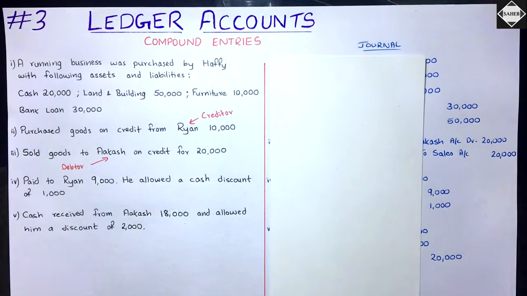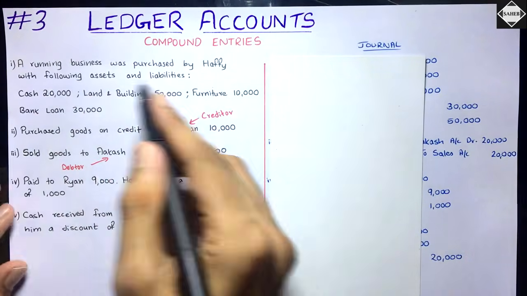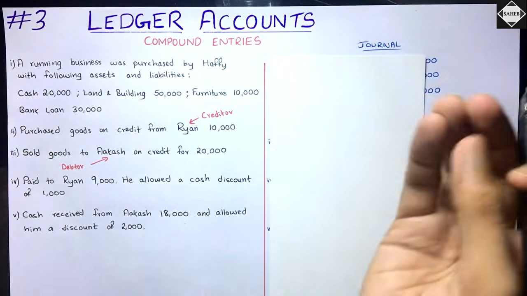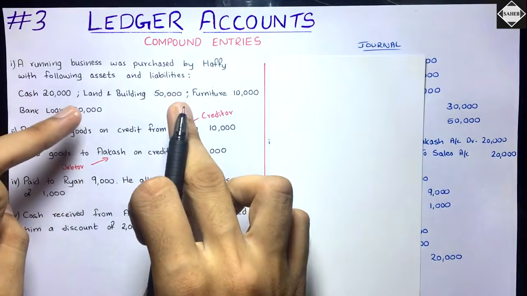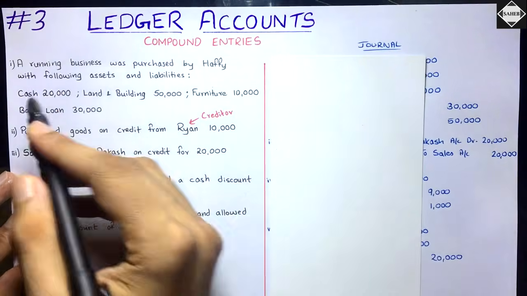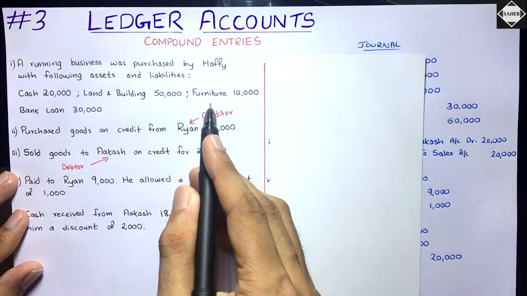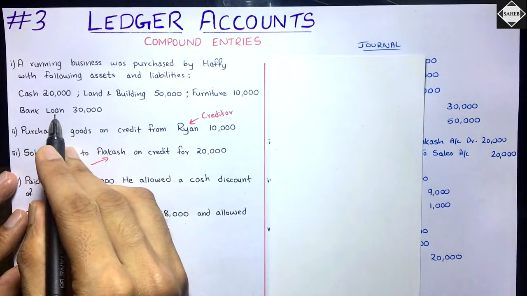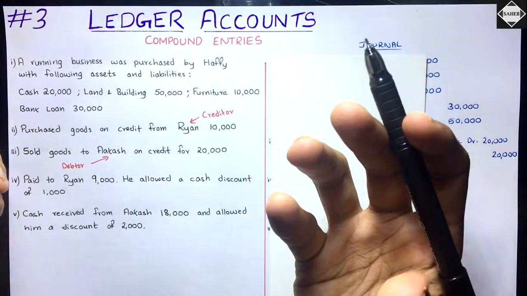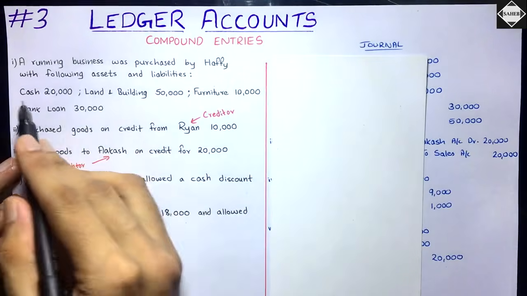But now, since he has purchased the assets and liabilities with that business, these things have come into existence in Hafi's books. Cash is increasing, land and building is increasing, furniture is increasing, bank loan is increasing. Out of nothing, something has come into existence.